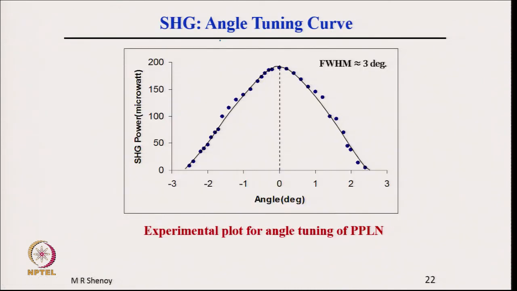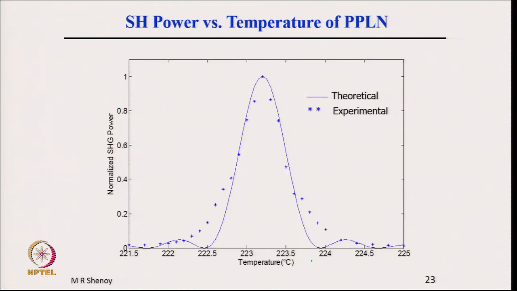So, these are some angle tuning curves. This is to show that it is very crucial for phase matching to have the specified angle where we get maximum conversion efficiency. And similarly, this is a curve which shows the temperature dependence of second harmonic generation.